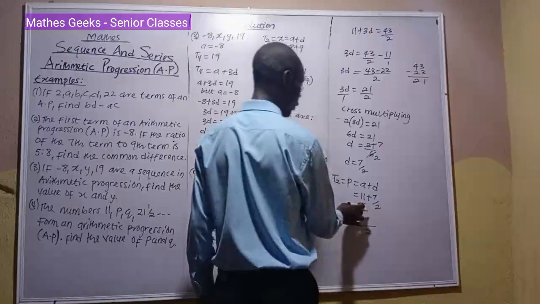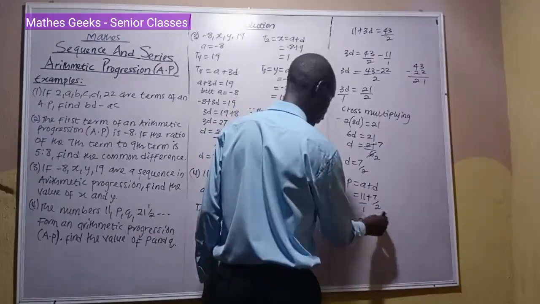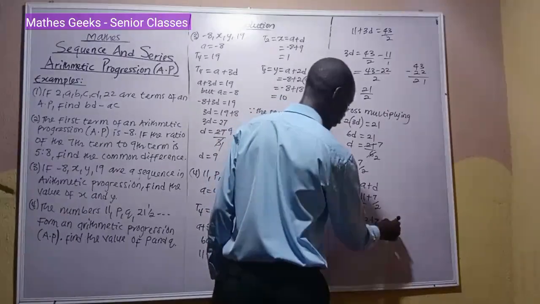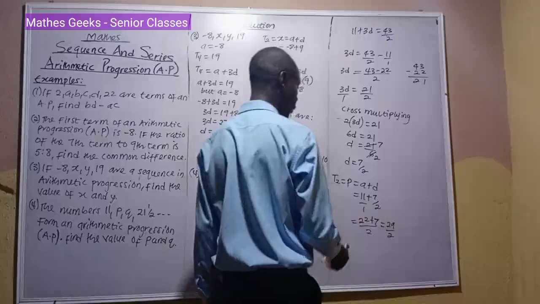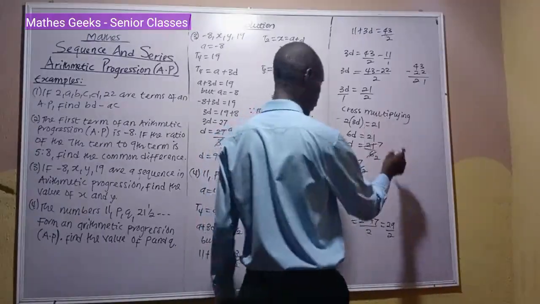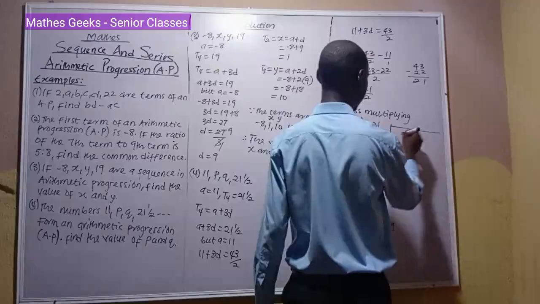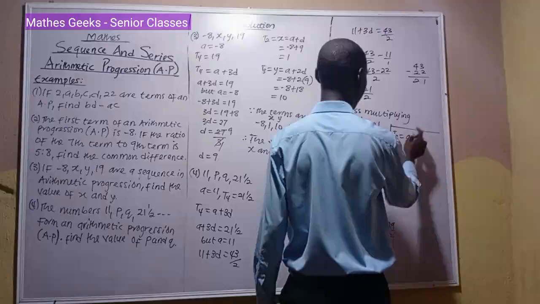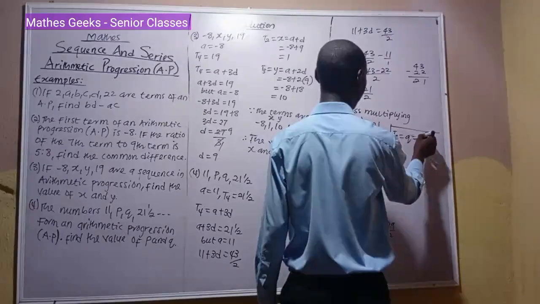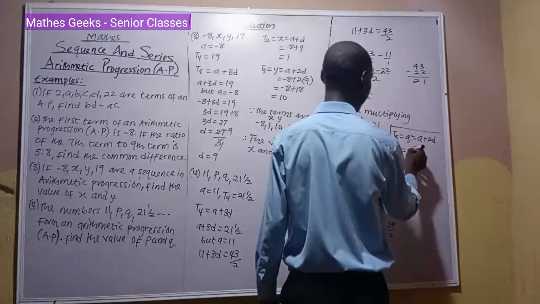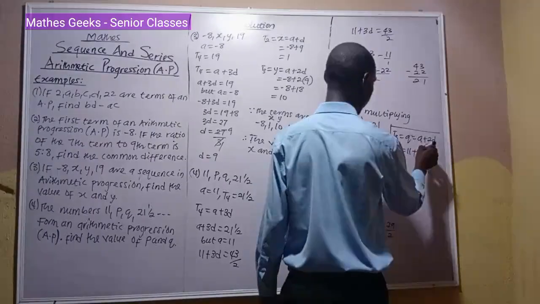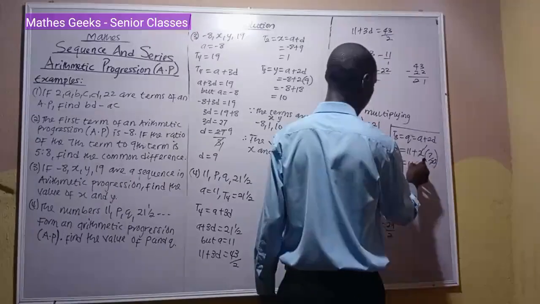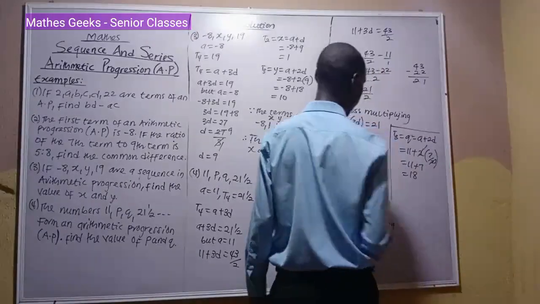LCM is 2. 2 times 11, 22 plus 7, that's equal to 29 over 2. t3 is equal to Q. That's equal to a plus 2d. a is 11 plus 2 times 7 over 2. 2 here 1, 2 here 1. That's 11 plus 7. That's equal to 18.